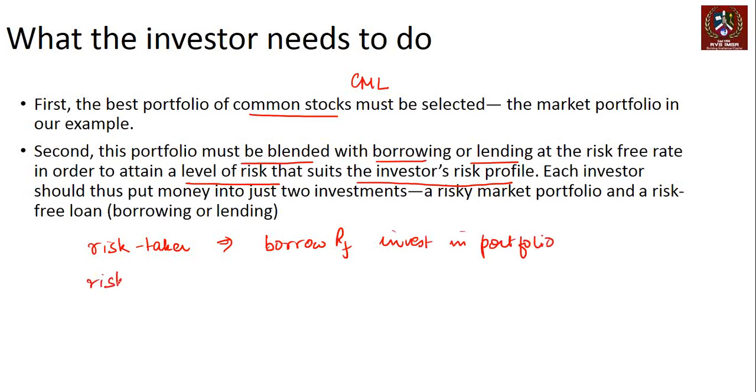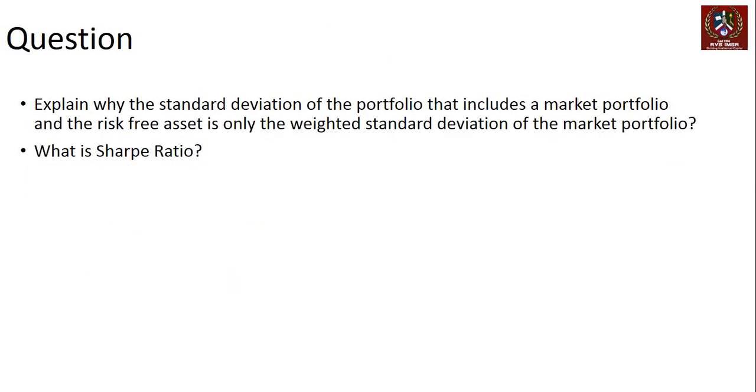On the other hand, if you have a risk averse investor who does not want to take risk, then you basically lend, or in other words, invest in RF plus the portfolio, thereby reducing the risk and also reducing the return, right? That's basically what an investor needs to do, and that's the significance of the tangential portfolio and the capital market line, right? That's broadly it. We'll have a couple of quick questions as we end this video.